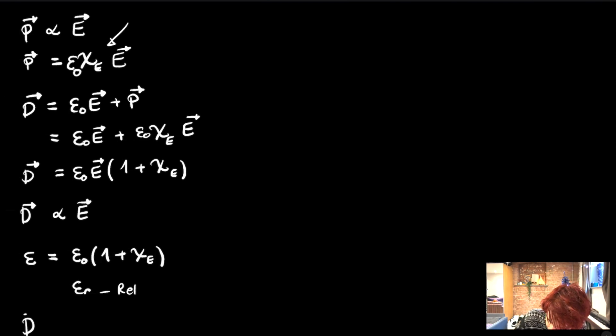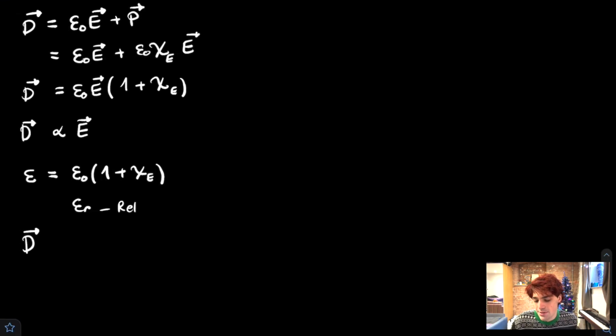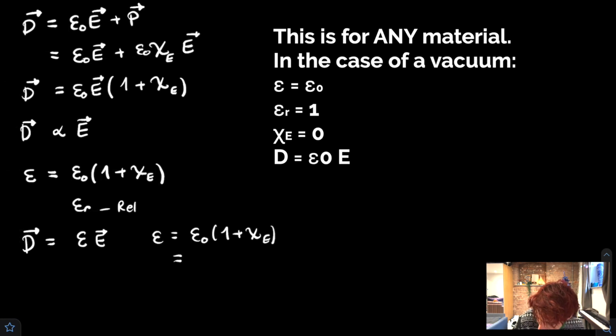So you're going to get a lot of interesting equations right here, quite fiddly, called the constitutive equations. So you're going to get that D is equal to epsilon multiplied by E, where epsilon is equal to epsilon naught multiplied by 1 plus the susceptibility, which is also equal to epsilon naught times this epsilon R that we've just introduced right here.